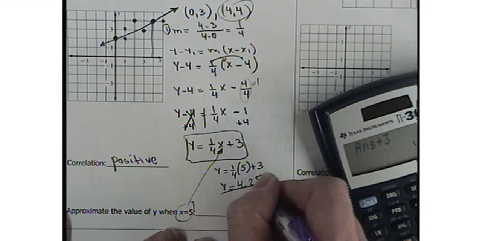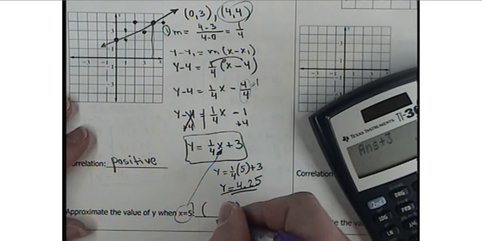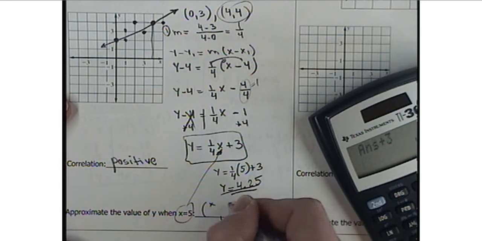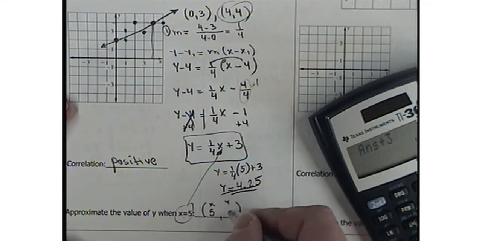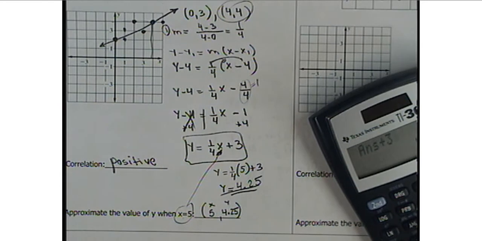And by the way, when we're dealing with best fit line and scatter plot, it's absolutely okay to have decimal numbers. So the coordinates of this prediction point, x and y: x will be 5, it's given for us, and y is 4.25, the one we just calculated.